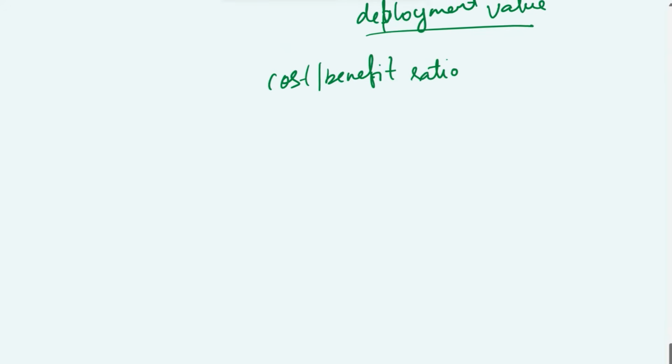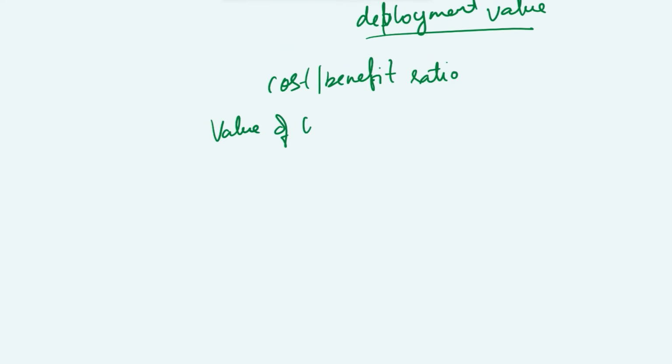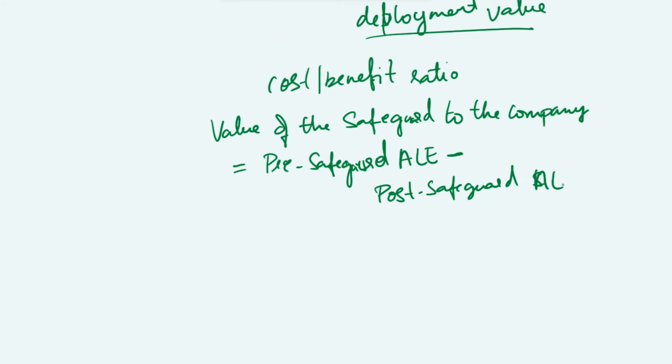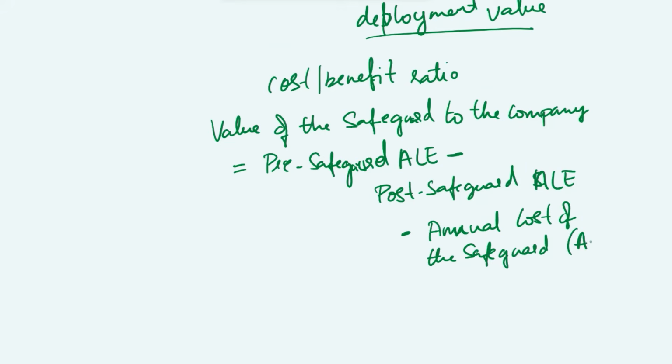So this is how we calculate it. Value of the safeguard to the company or the organization is equal to pre-safeguard ALE minus post-safeguard ALE minus annual cost of the safeguard. Let's call this ACS.